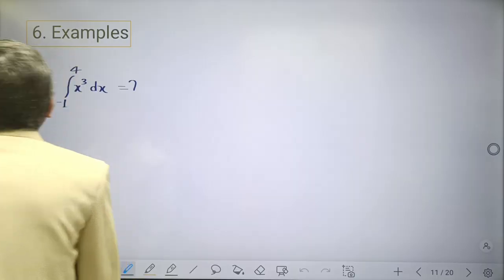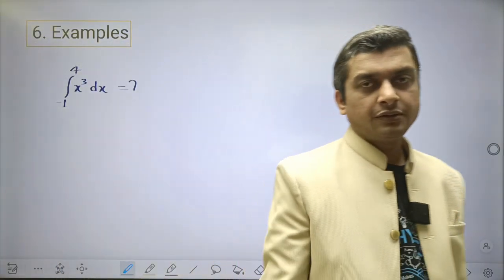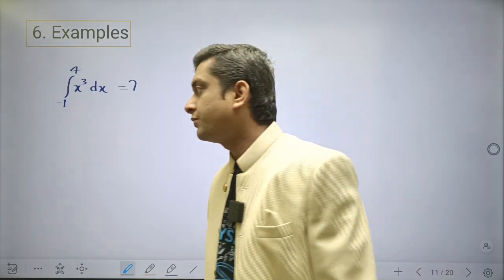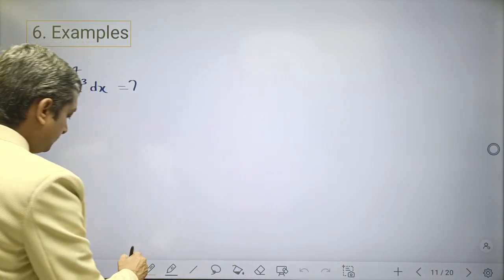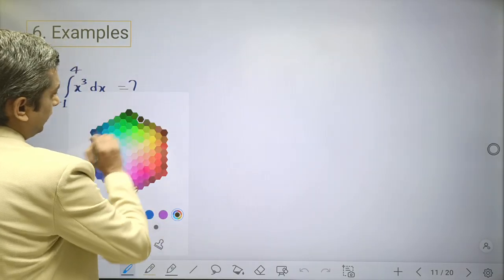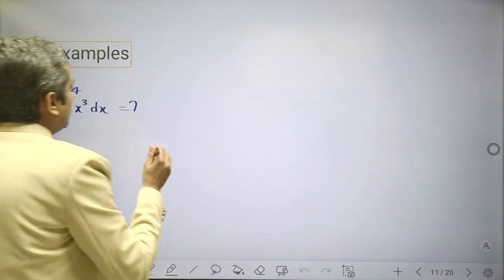Next, now let us have some examples. So far we have completed the theory part of this integration. Now let us apply those concepts or formulae while solving this. So starting solution, x cube.